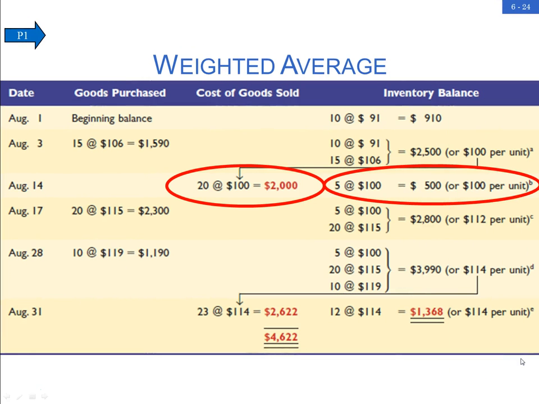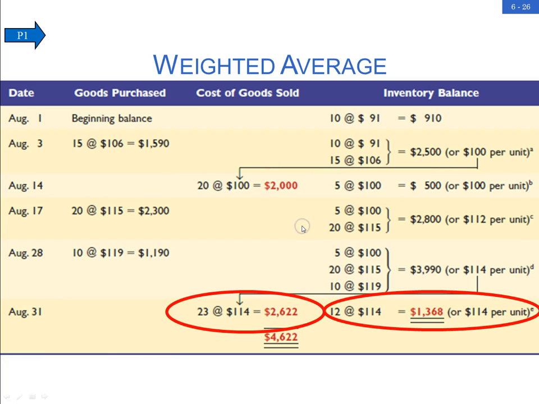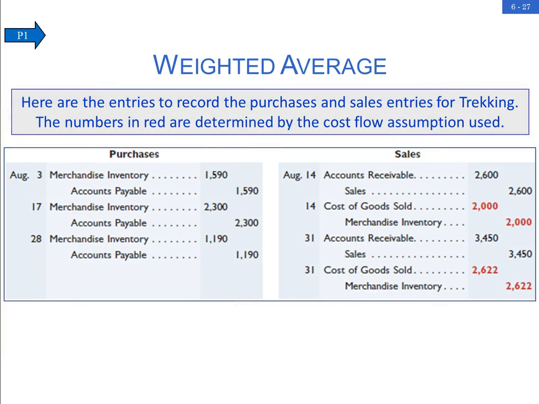So weighted average in a nutshell, once again, we know what the cost of goods sold is for our sale and what our inventory is afterwards from the August 14th sale, and the same thing for the August 31st sale that we make here. Once again, the only thing that changes for our journal entries for this example is the cost of goods sold and the merchandise inventory that goes down for both of our sales transactions.